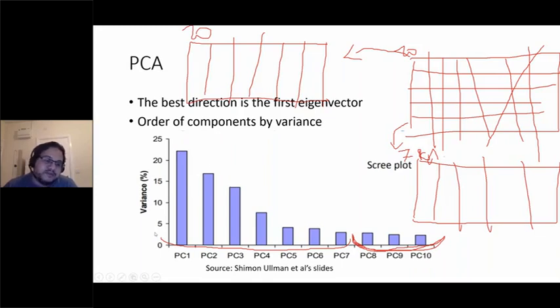So you can sum up the variance. And here it's just like 2 or 3%. So if we remove this, we will still contain over 90% of the variance, 90% of the information. So if we take off 3 dimensions and keep only 7, the quality of the data set is not far from the original one.